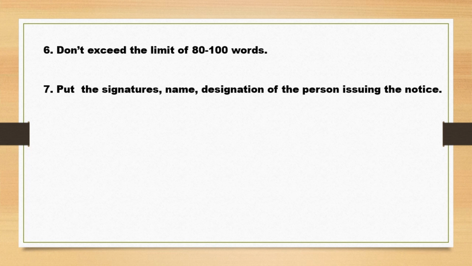Put the signature, name, and designation of the person issuing the notice, because the name of the person and signature indicate who has written the notice. Revise before writing the fair notice, which is very important. We should not be in a hurry to write the notice and directly issue it. We should always have a look before issuing the fair notice.